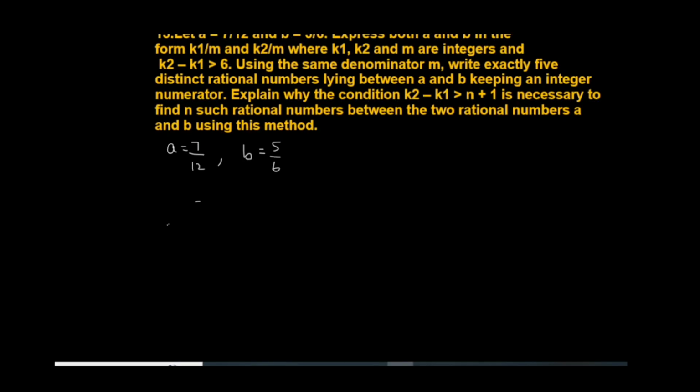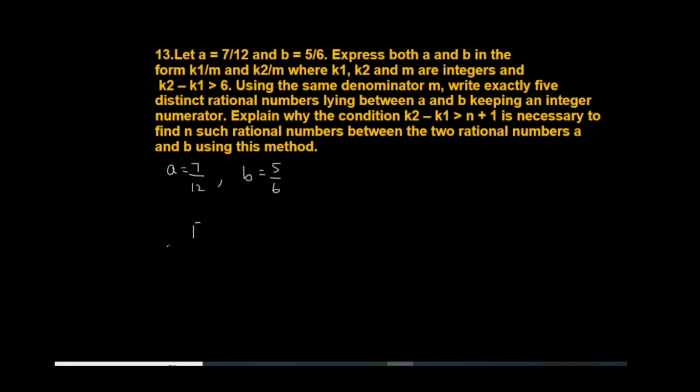So first, see, 7 by 12. If I make b also over 12, I'll be getting 10 by 12. So now 7 by 12 and 10 by 12, how many numbers are in between? 8 by 12 and 9 by 12.